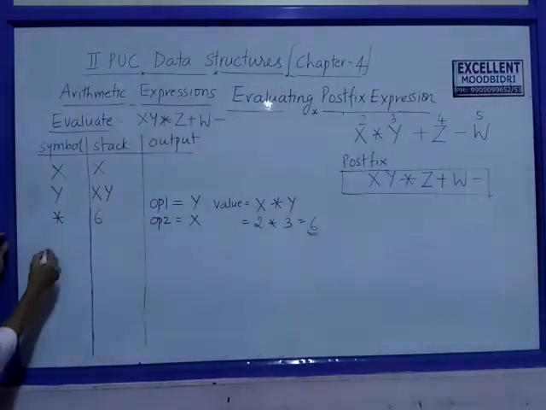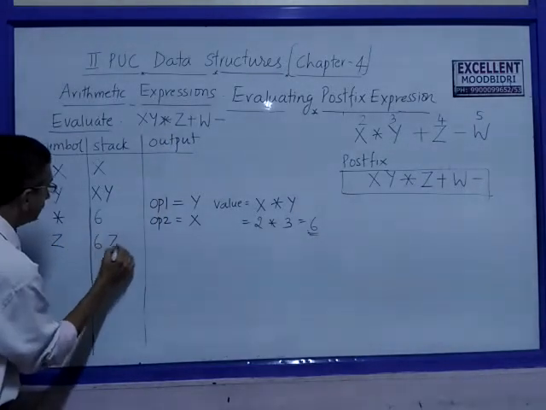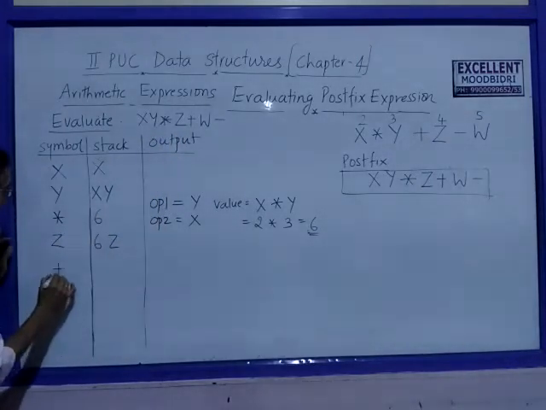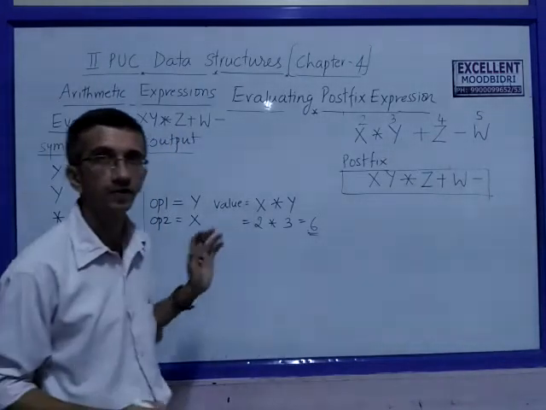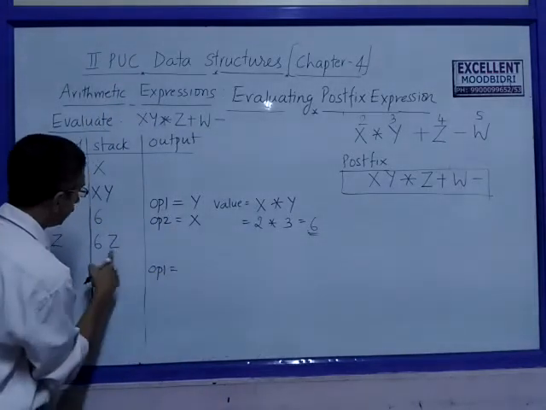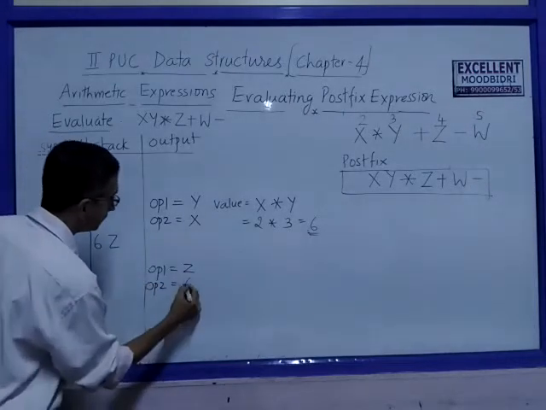Next symbol Z. Z is an operand. So 6 and Z. Next symbol is plus. Plus is an operator. So again same thing. Operand 1 is equal to first pop Z. Operand 2 is equal to 6.